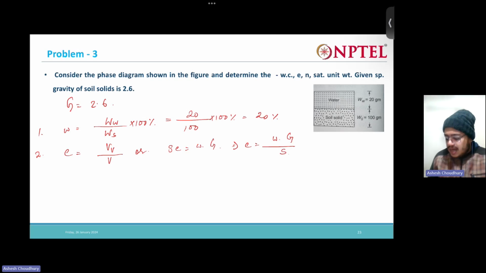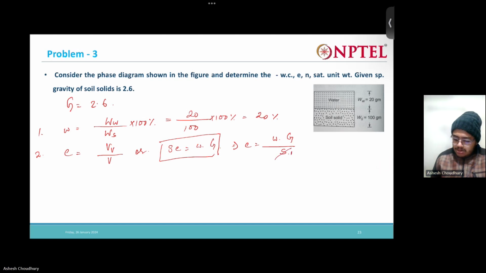If you see the phase diagram, remember this relation, you can see that there are no air voids. All the voids are occupied by water. That means saturation is 1. So S is 1. So e equal to w G, 0.20 into G 2.6, is nothing but 0.5.